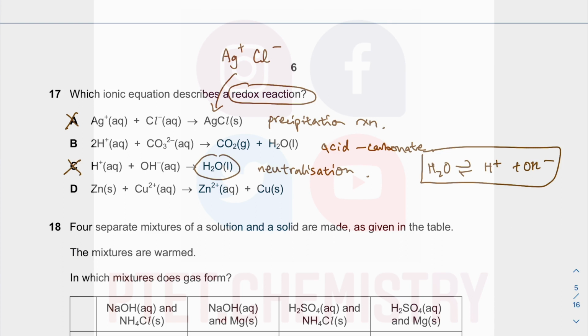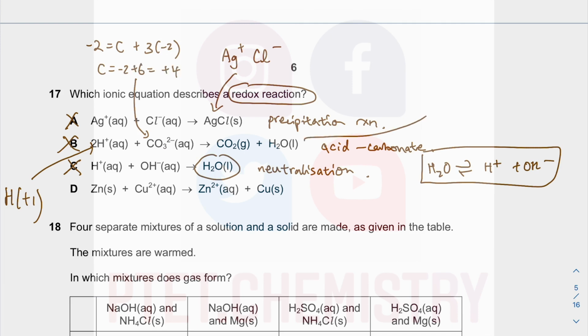Acid carbonate reaction is also not a redox because that is hydrogen plus 1. That is CO3 2 minus, so overall it is minus 2 because of the charge. Let's say you want to find the carbon oxidation state. You have 3 oxygen. The oxygen is bonded to something, so the oxidation state is minus 2. So the carbon is minus 2 plus 6, which is plus 4.